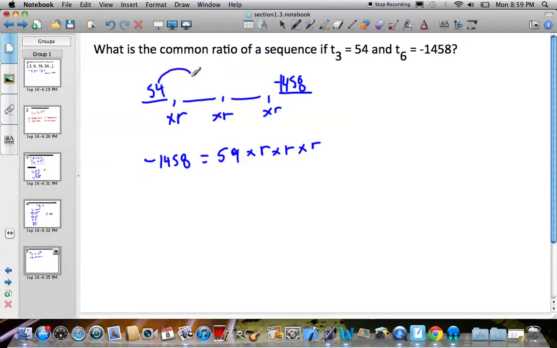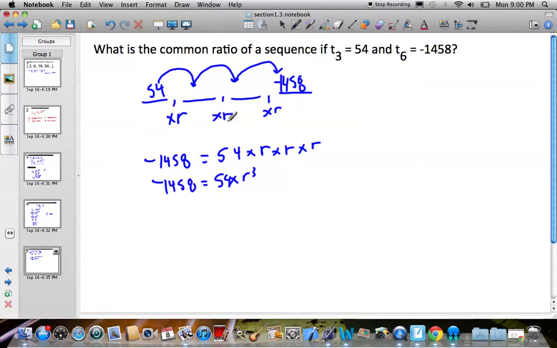If I multiply once, I get this number. I do it again, I get this number. And finally, I do it again, I get this number. By doing that, and just seeing how that works, I'm able to create a formula in terms of my common ratio. So negative 1458 is equal to 54 times r to the power 3, or r cubed.